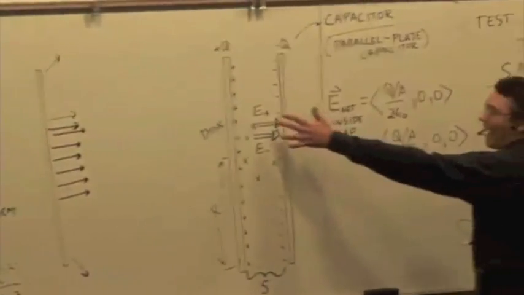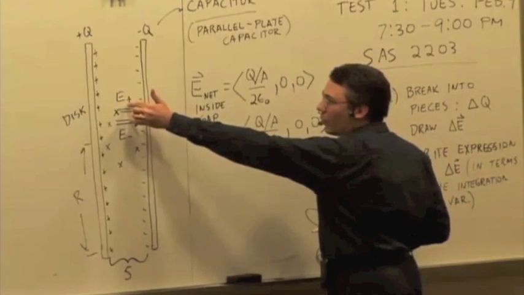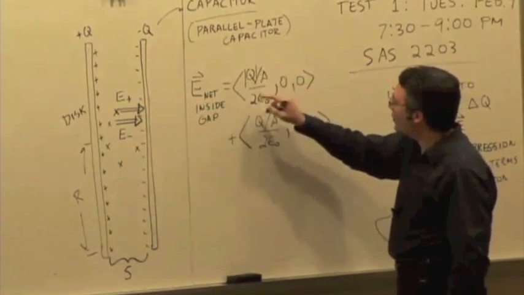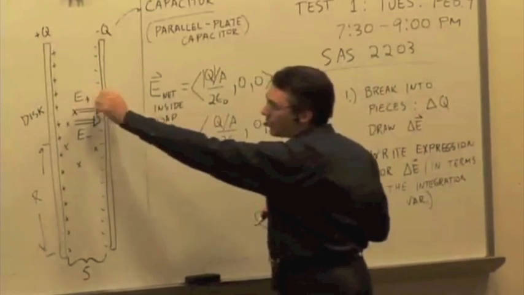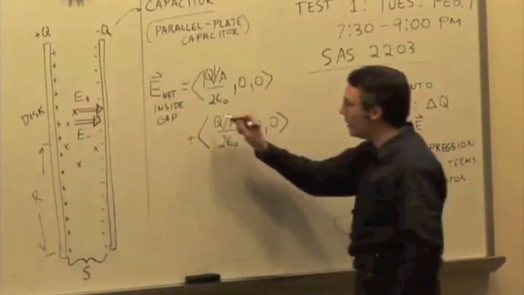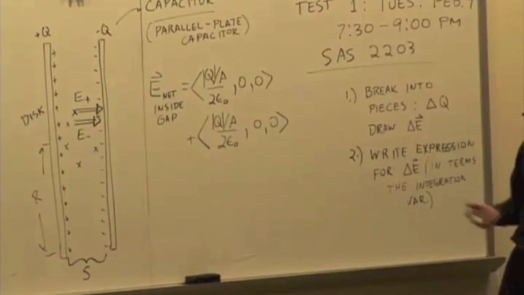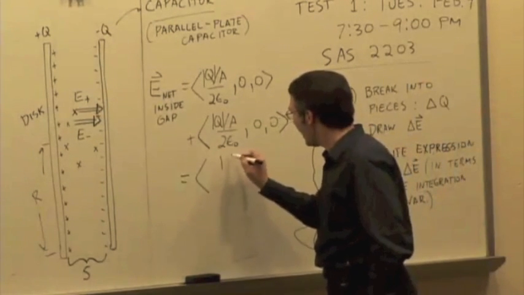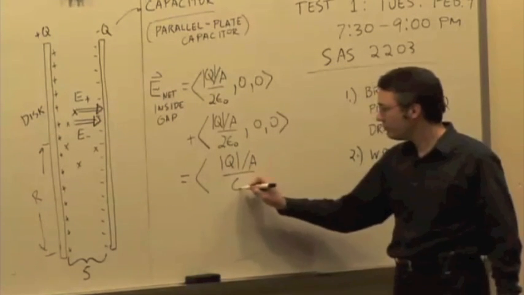And so, as usual, I'm just looking at the physical situation to figure out what the direction of this vector should be. So the magnitude of the field is the same for both, but it's pointing in the positive x direction for the positively charged plate, and it's pointing in the positive x direction for the field of the negatively charged plate as well. So when I add those two together, I get Q over A over epsilon 0.